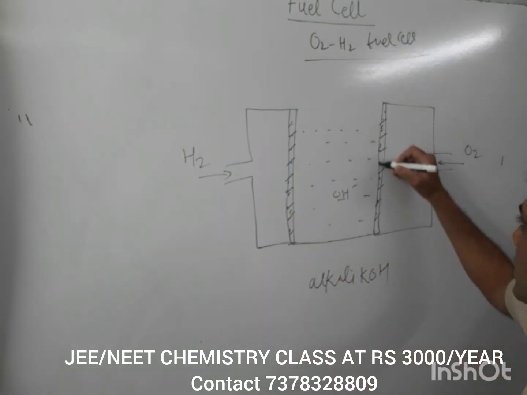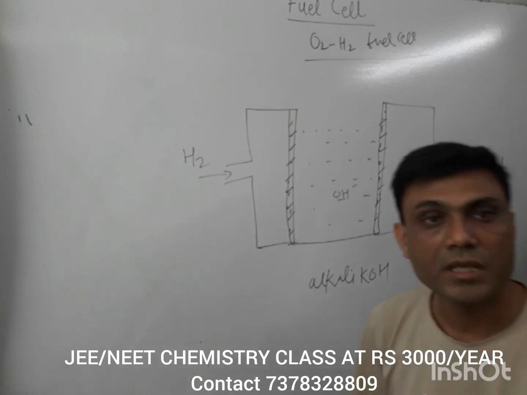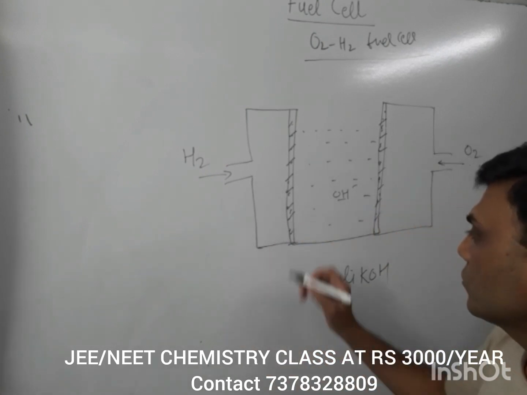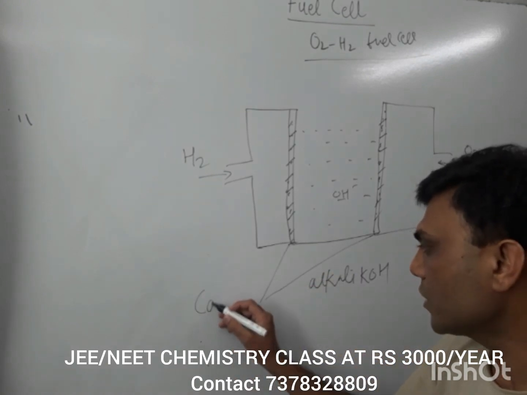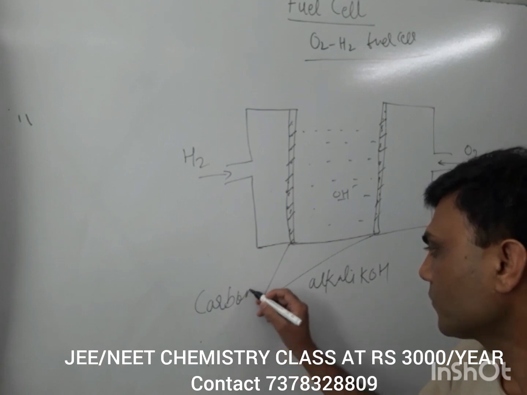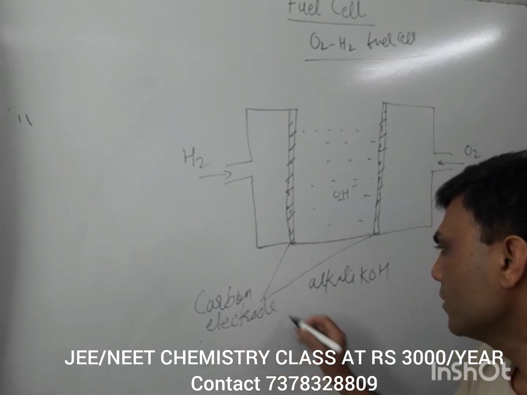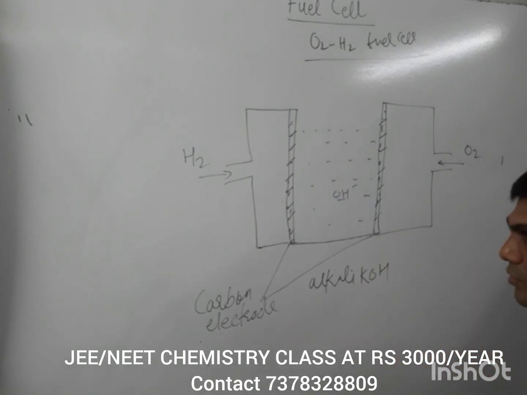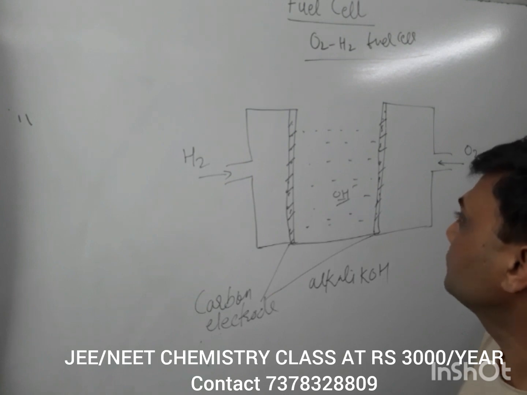This is also porous, and a finely divided catalyst, that is platinum, is embedded in this electrode. So we have to name it. This is a carbon electrode. This is also a carbon electrode, and this is the electrolyte, that is KOH.